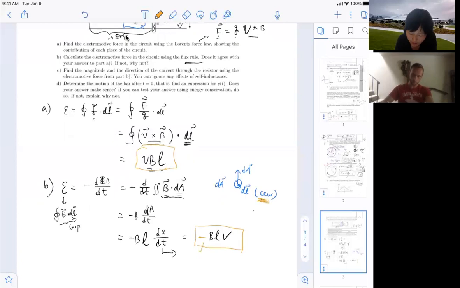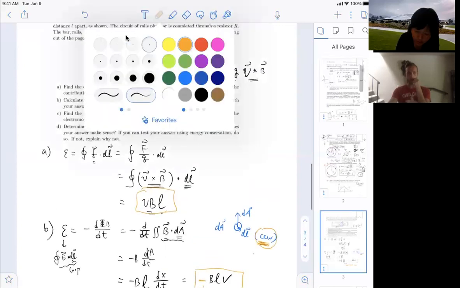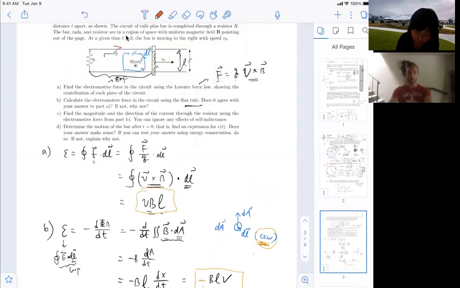The negative sign simply suggests my EMF will produce an induced current that is clockwise, opposite of the loop that I chose. The current will be flowing this way. Here we only calculated a magnitude, but if we were to do the induced current, we can.